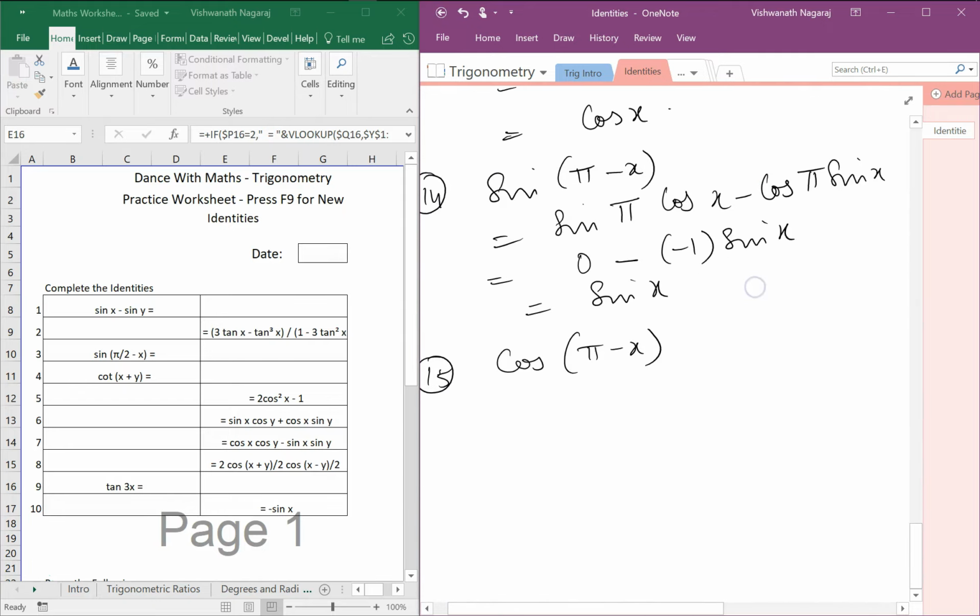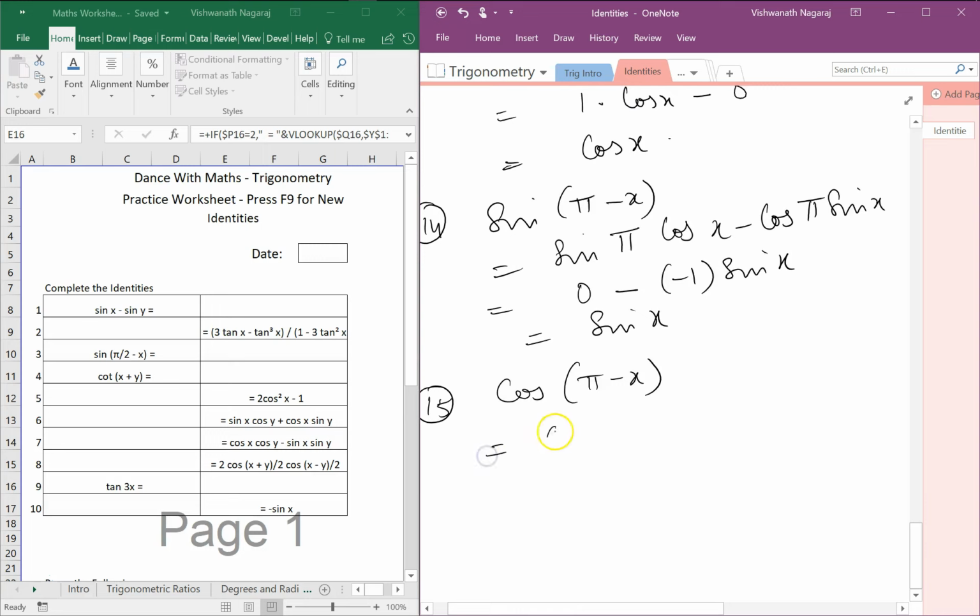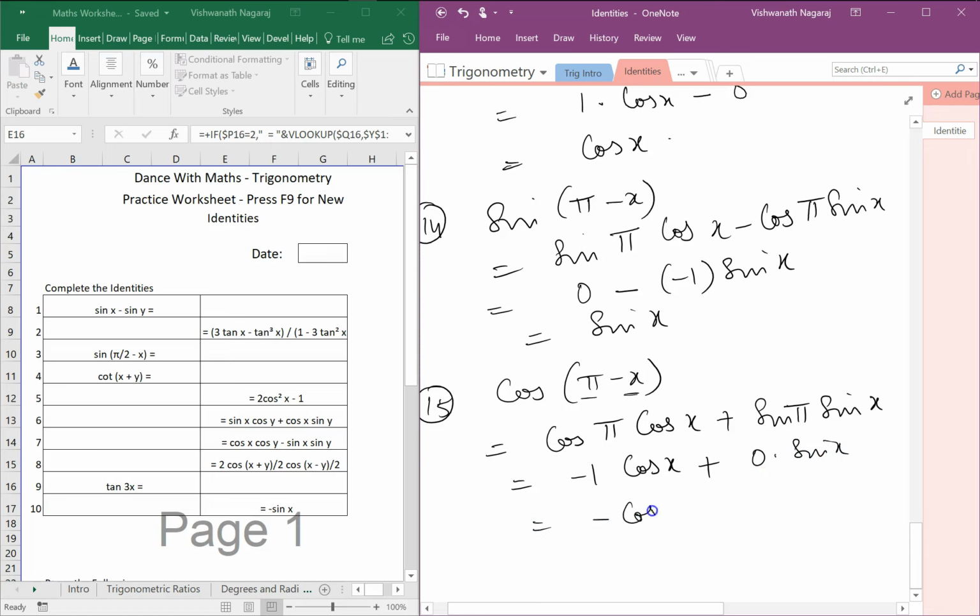So this is cos pi cos x plus sin pi sin x. Here this is pi, this is x. Okay, so cos pi is what? Minus 1 cos x plus sin pi is what? 0 sin x, which is minus cos x.